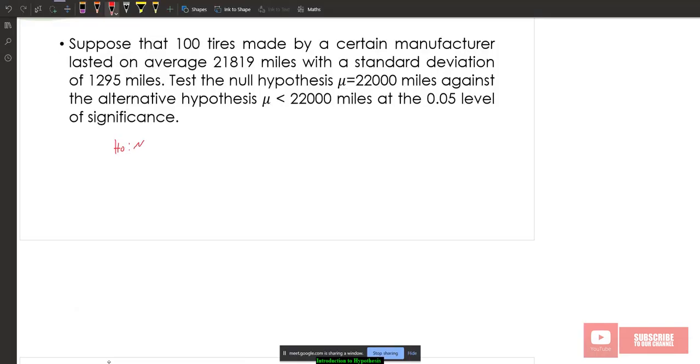The null hypothesis should be mu equal to 22,000. The alternative hypothesis, HA, is mu less than 22,000. So alpha is equal to 0.05.